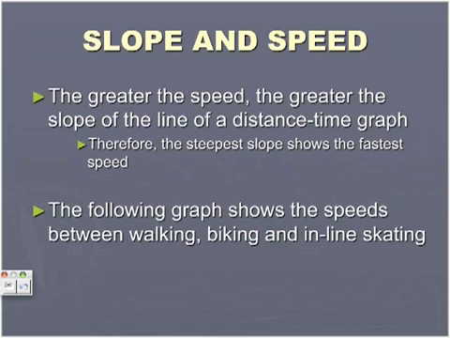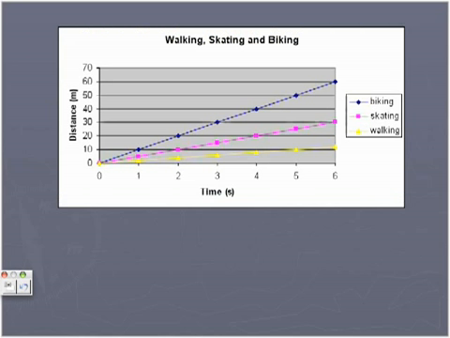So let's look at the following graph that shows the speeds of walking, biking, and inline skating. Here we have a graph showing the relative distance traveled and the time it took for the person to travel either walking, inline skating, or biking.